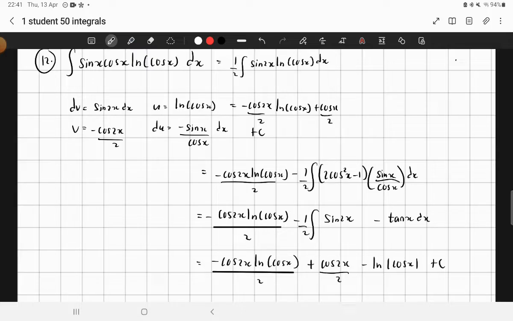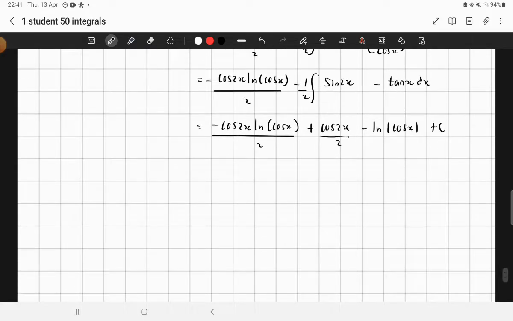No. Cosine of 2x. I believe that I have to put the absolute value here. Oh no, I don't need to. Why is it very different? Wow, the integral part.